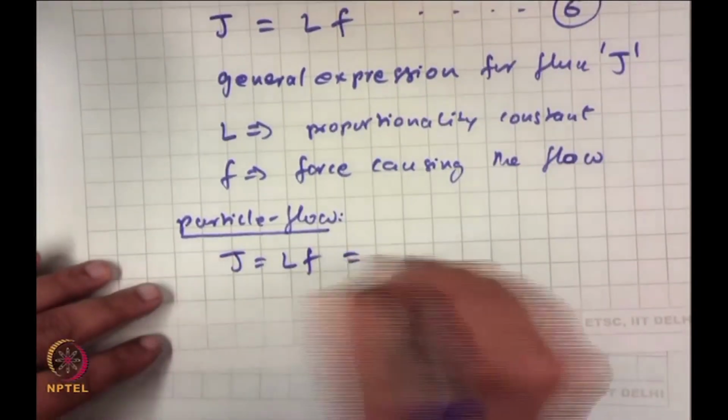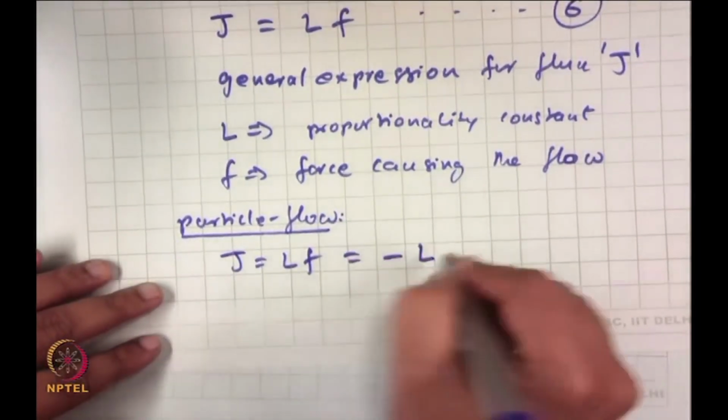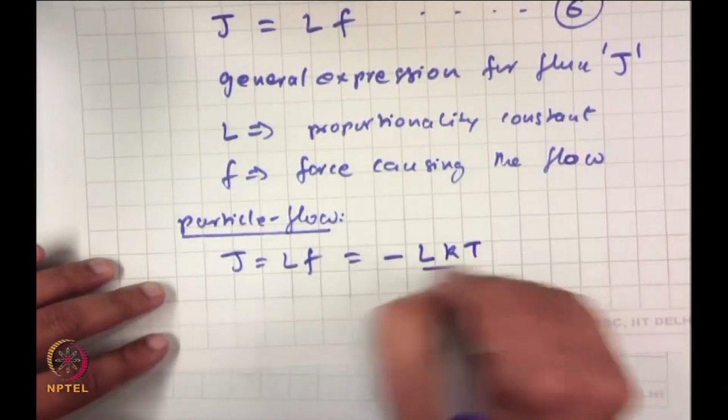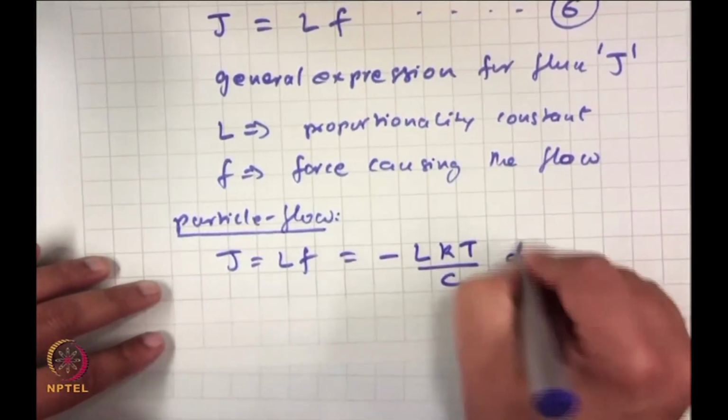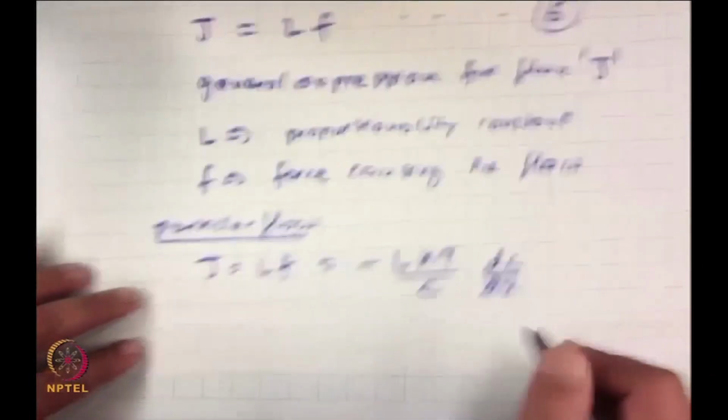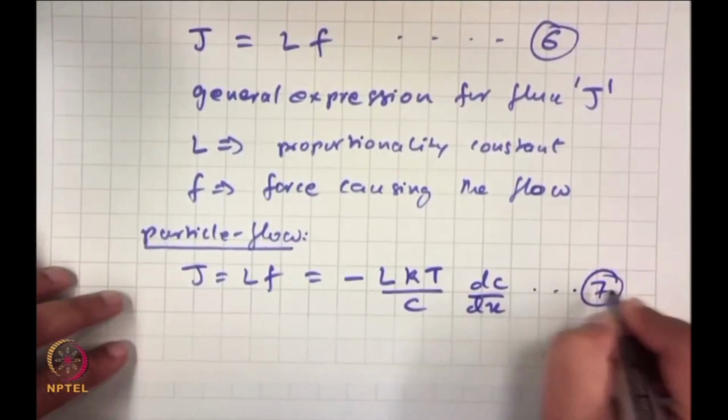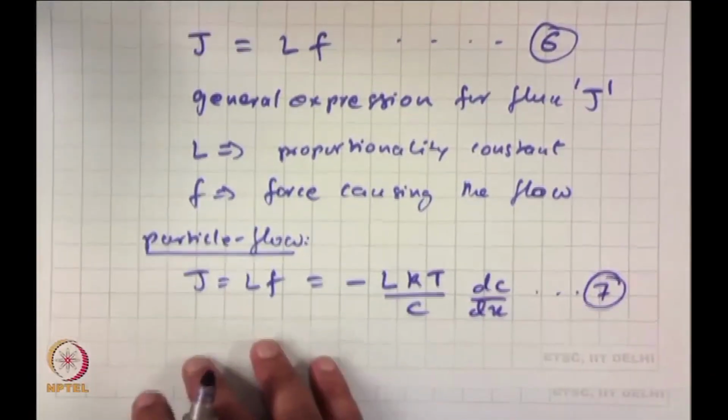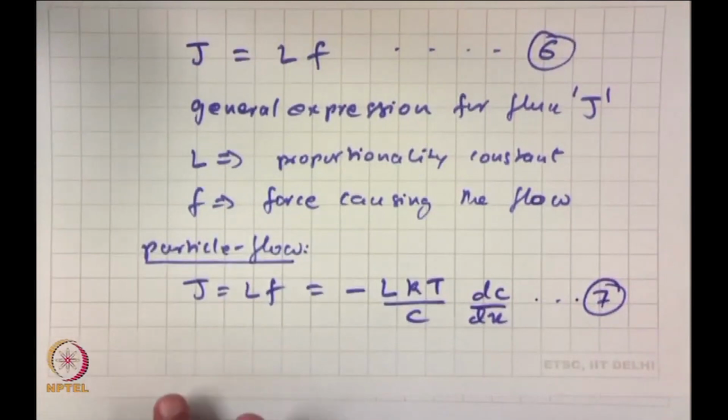So, this is equal to minus L kT over C dC/dx. This is equation number 7 for me. Okay. So, here you see, here you have an expression where J is equal to dC over dx times a certain constant or certain value, right.